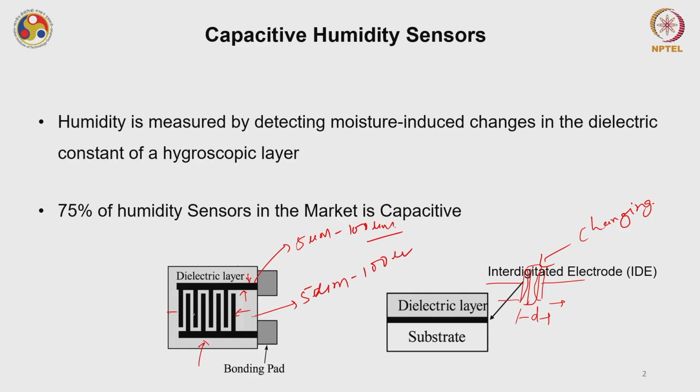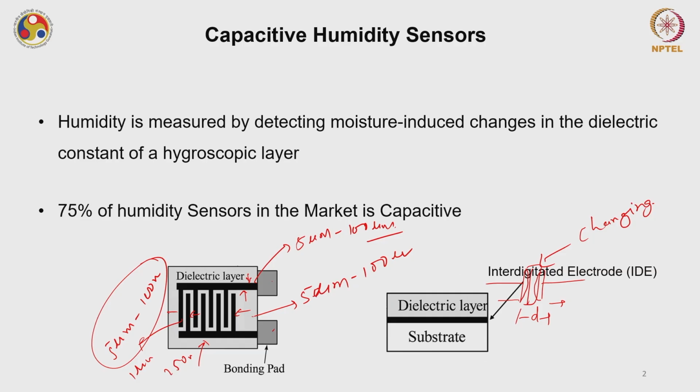The gap between two fingers, which decides the sensitivity minorly, is also in the same range, 5 micrometer to 100 micrometer. These numbers are not to be precise. It can be a 1 micrometer device, it can be a 250 micron device, depending on the lithography tool that you are using, and then you have a bonding pad because this is a two terminal device.